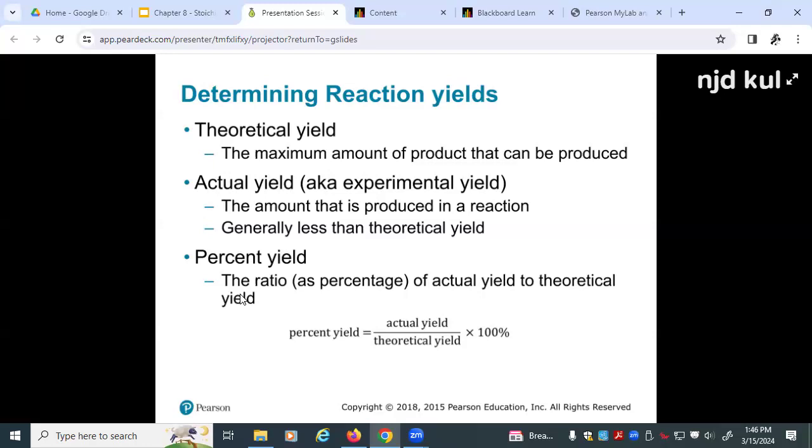Now, for those of you that are interested in maybe looking into a career in engineering, the concept of efficiency is very closely related to this concept of yield. Usually when efficiency is described, it's basically this part of the equation without the times 100%.